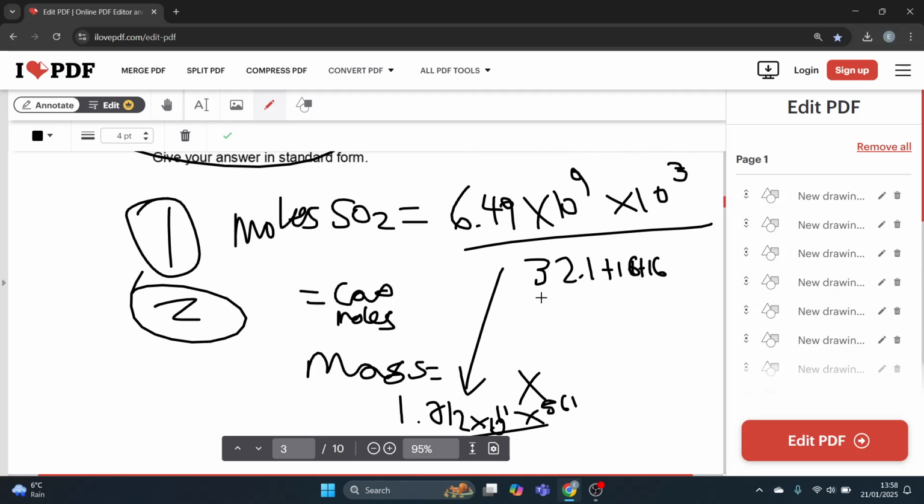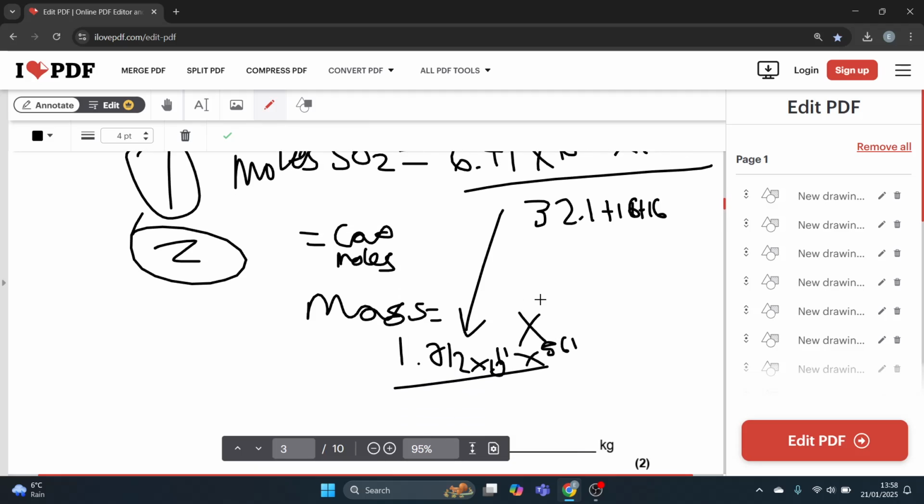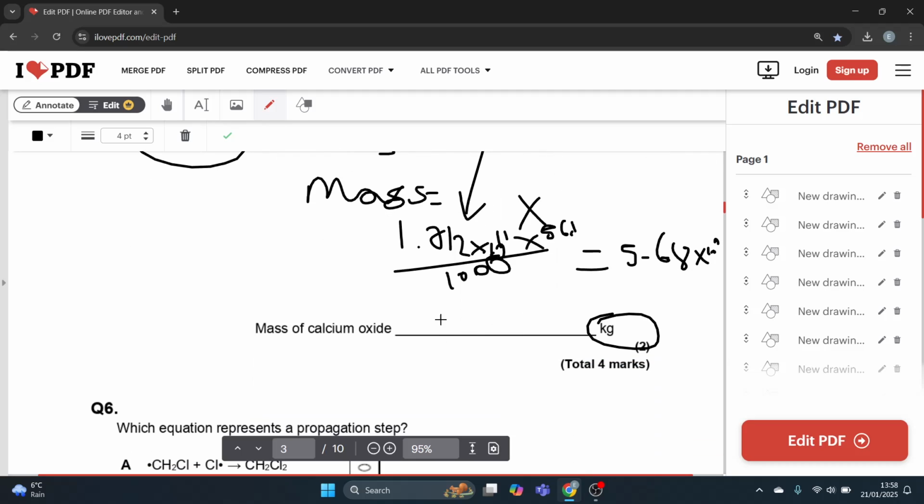That's the Mr of calcium oxide, mass is moles times Mr. And because I want it in kilograms, this would be in grams, I need to divide by 1000 again, and that will give me 5.68 times 10 to the power 9 kg.